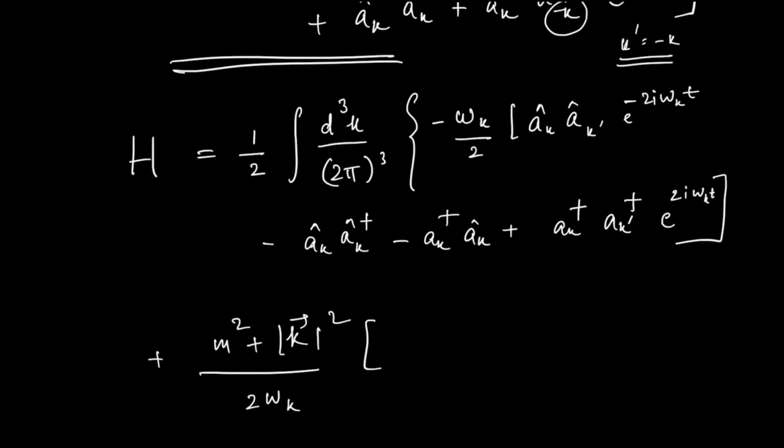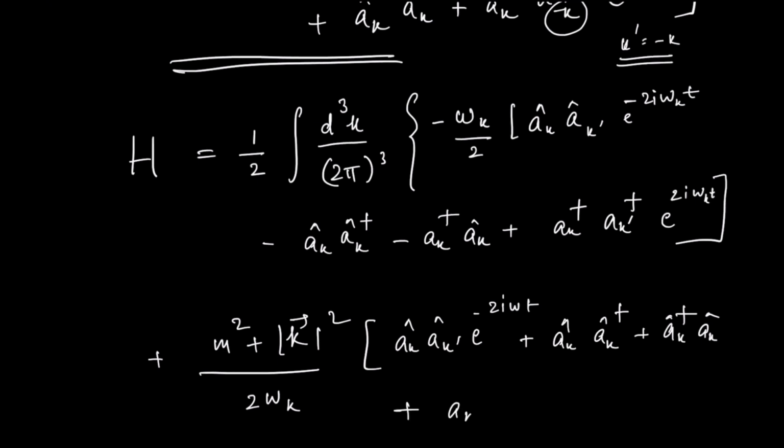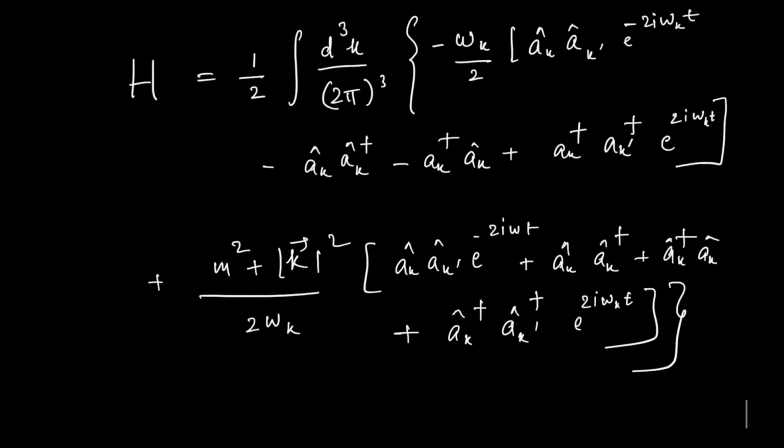And there is a 1 by 2 omega k also, which is common. ak prime e raised to minus 2I omega t plus ak dagger ak plus ak dagger ak prime dagger e raised to 2I omega t. So this is the total Hamiltonian.